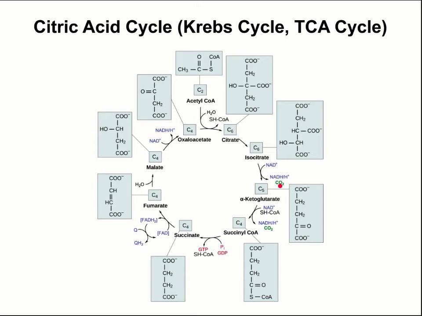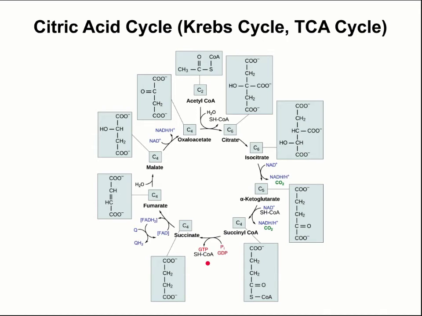3. 1 molecule of ATP is generated at step 5. This is another example of substrate level phosphorylation. I know, it says GTP, which is a different molecule than ATP for sure, but energetically they're equivalent. Your textbook doesn't even distinguish between them.